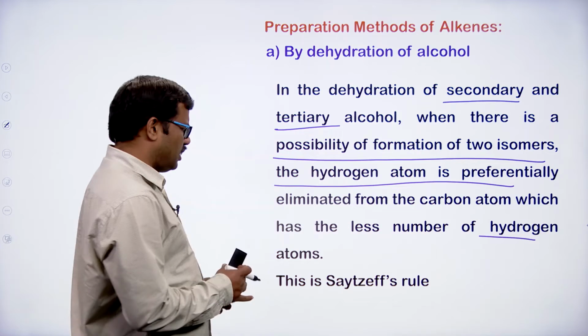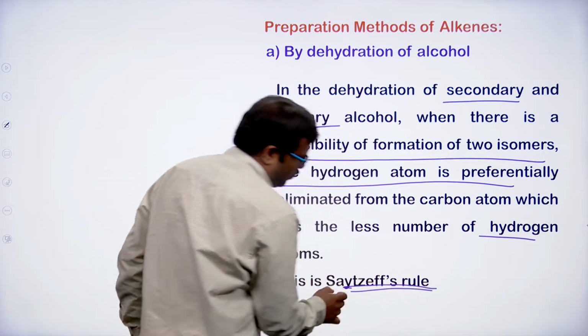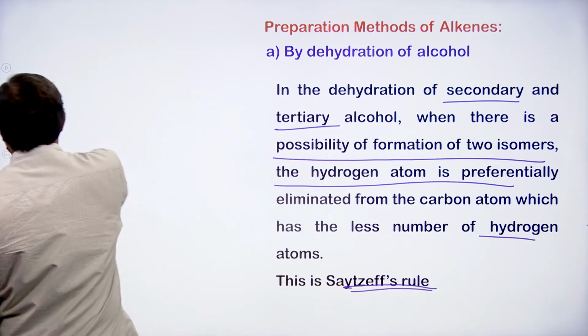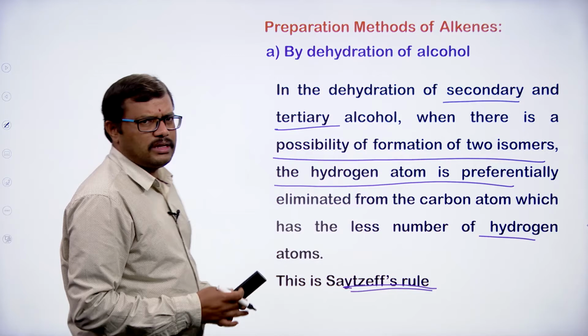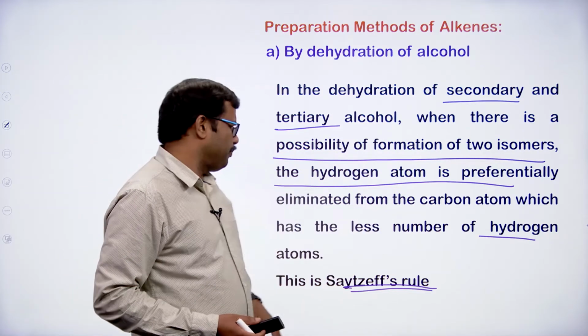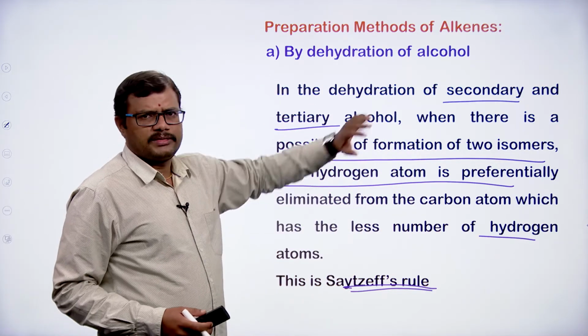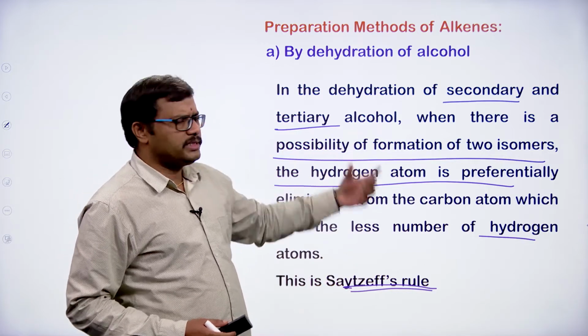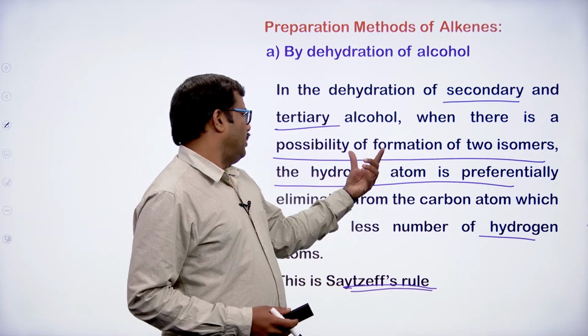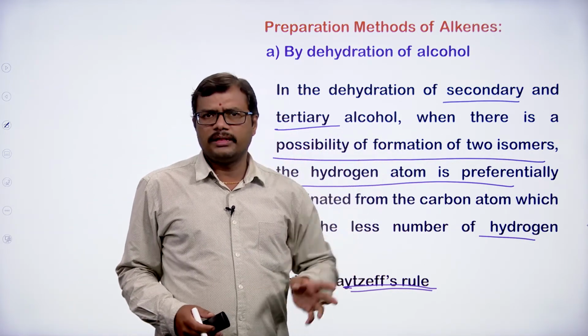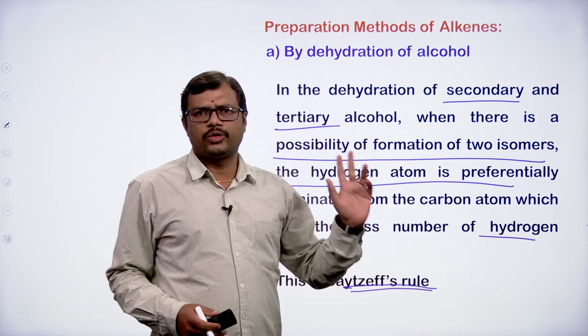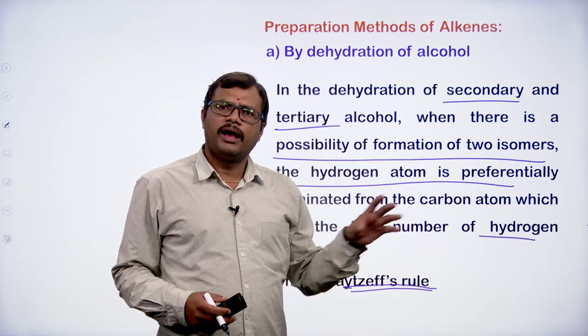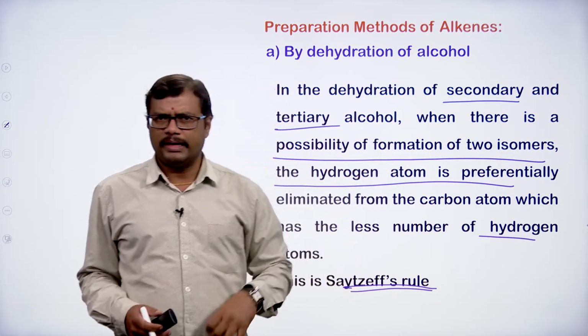Of course, this is generally called the Saytzeff rule. We will come across more about the Saytzeff rule while discussing the next elimination reactions. So when secondary and tertiary alcohols undergo dehydration, if there is a possibility of formation of 2 isomers, always one isomer is formed in a major portion, and the other isomer is formed in a minor portion.